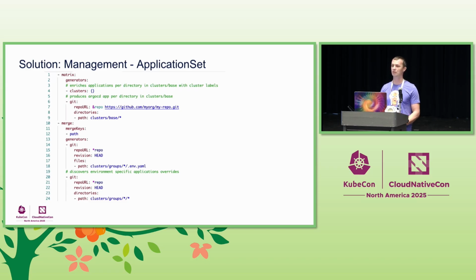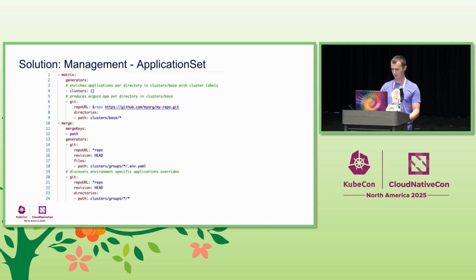directories in a Git repository and do some magic matching between directories in different repositories using the so-called merge and matrix generators. And this is an advanced tool, so I considered explaining how exactly it works, and instead I realized that it's too complex to fit into a presentation, and I recommend to just go to the official Argo CD documentation to learn about matrix and merge generators.